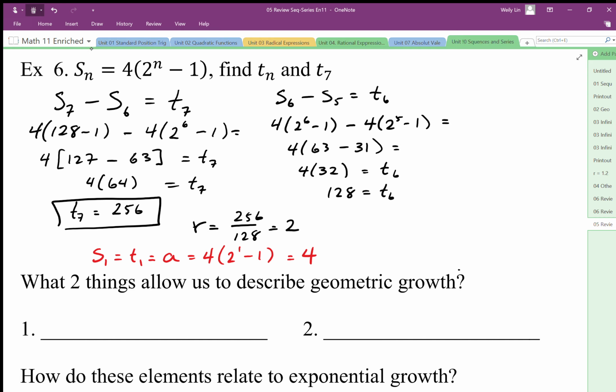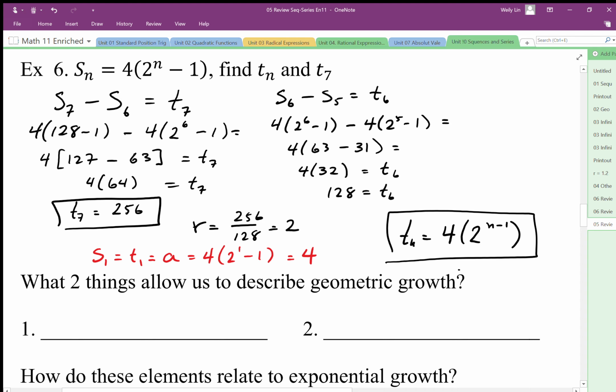The general formula for Tn is then A times R, which is 2, to the power n minus 1. So there is our Tn formula and our T7 value.